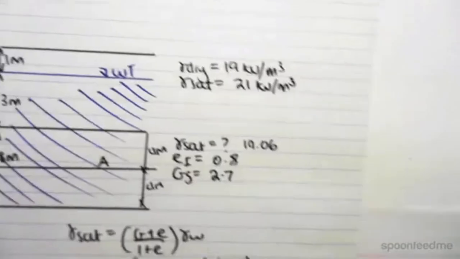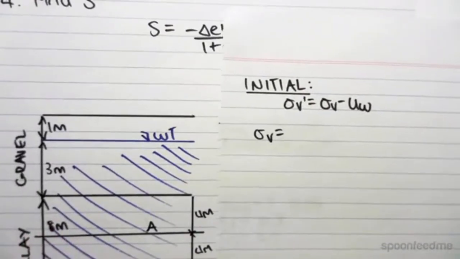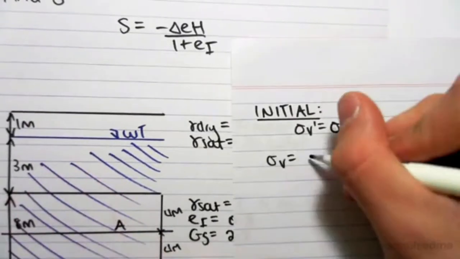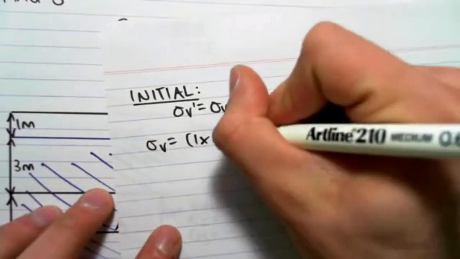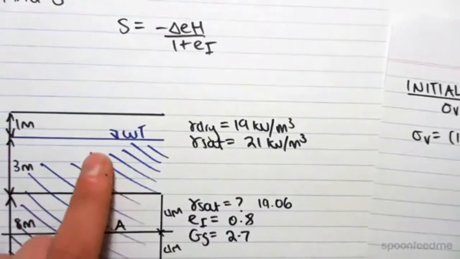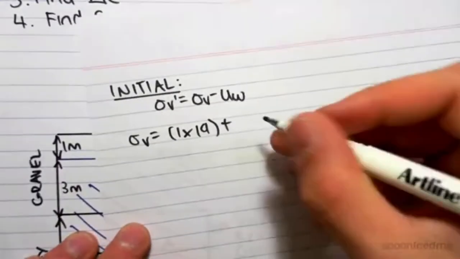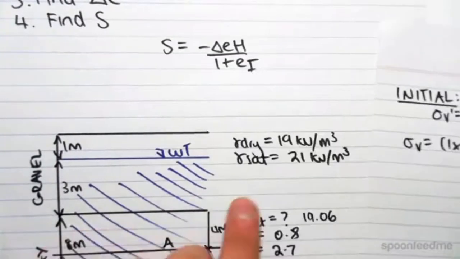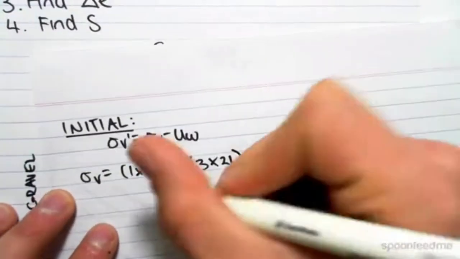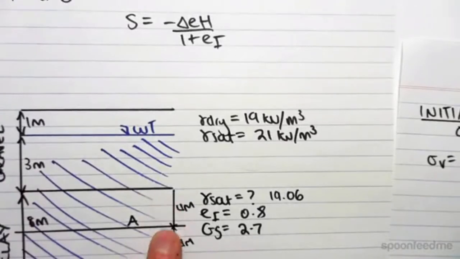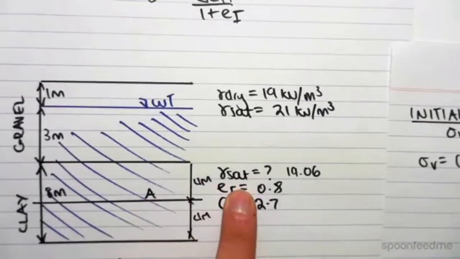So we have 1 meter of dry, so 1 times 19, plus 3 meters of saturated gravel, and the saturated unit weight of gravel is 21, so 3 by 21, plus 4 meters of saturated clay.